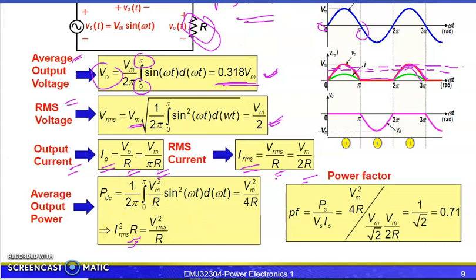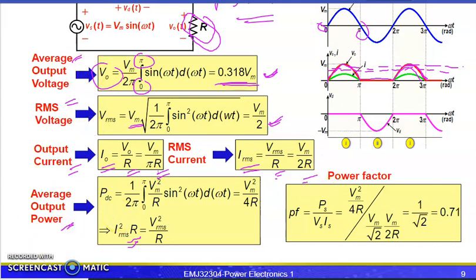So let's say we know the value of R, so we are going to find the I. So here I RMS should be used, or if V is unknown, V is the V RMS. P equal to V squared over R, so V here is V RMS, or I squared R, so I here is I RMS. So this is the average output power.